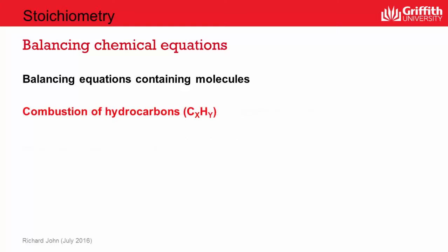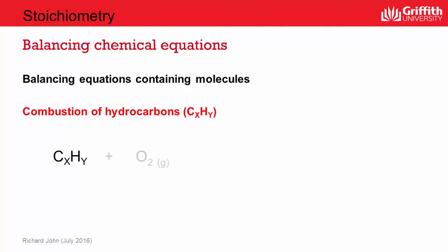So we'll use the combustion of hydrocarbons as a particular example here. And a hydrocarbon is any compound that contains just carbon and hydrogen. The X and the Y here indicate that there's any number of ratios of carbon atoms to hydrogen atoms, representing hundreds if not thousands of hydrocarbons that exist.